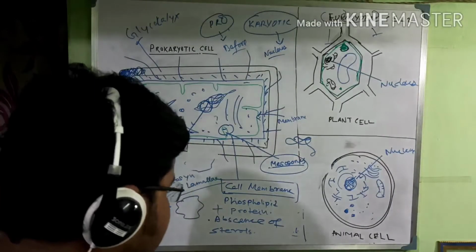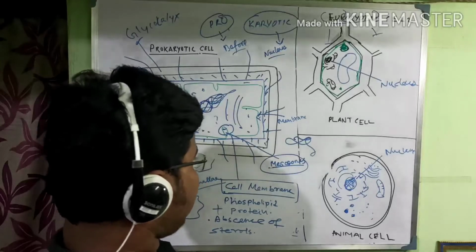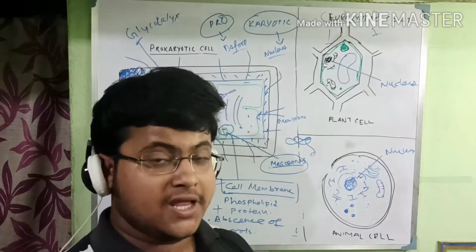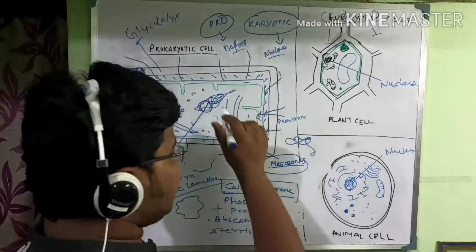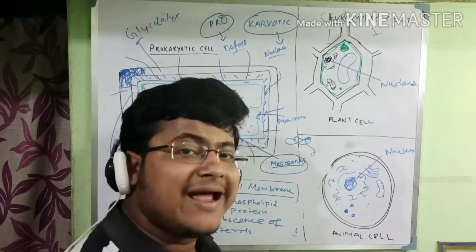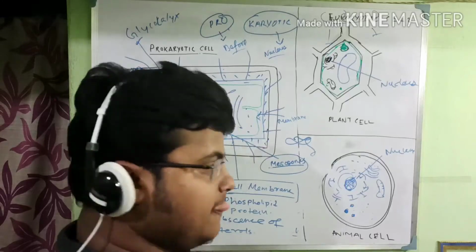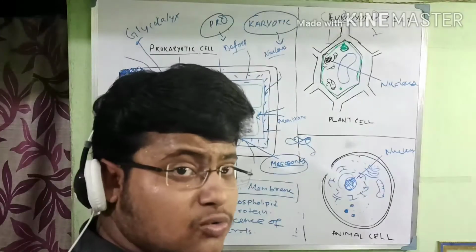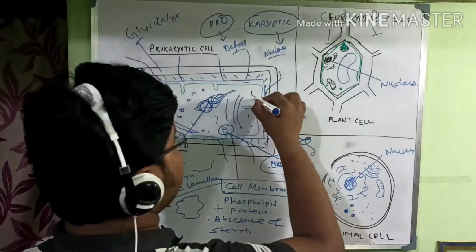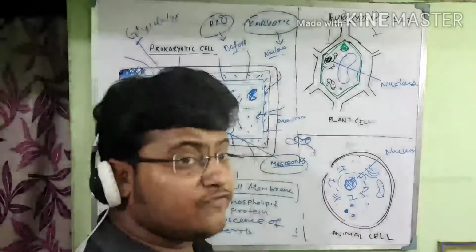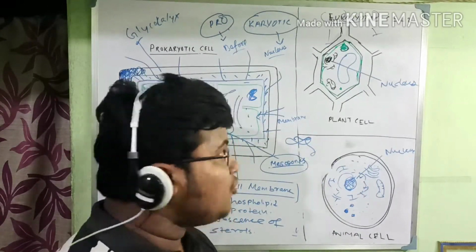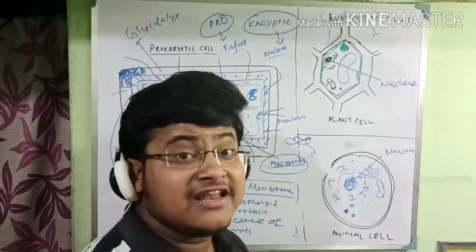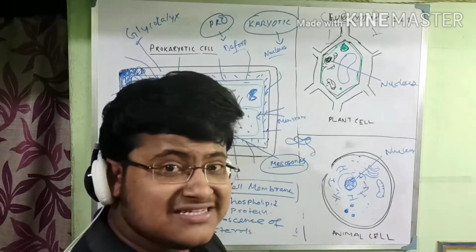Now, the bacterial cell also has extra chromosomal DNA material, in addition to its nuclear material, which is also known as the genophore or the bacterial chromosome. But there is also another extra chromosomal genetic material of the bacterial or prokaryotic cell. What is the name of the extra chromosomal material? The name is plasmid.